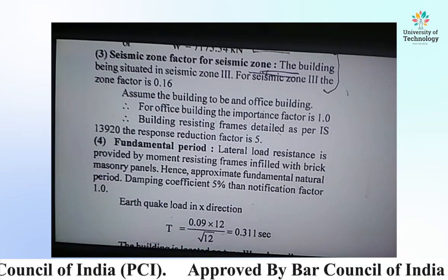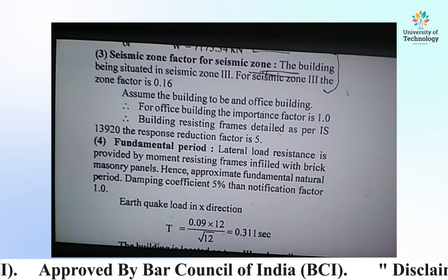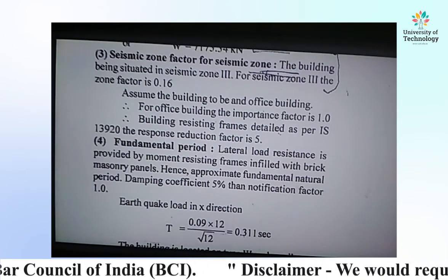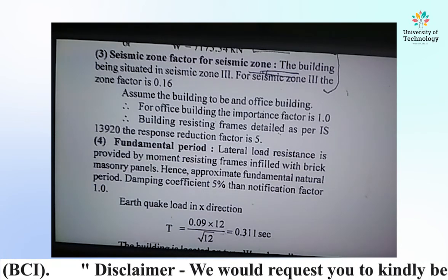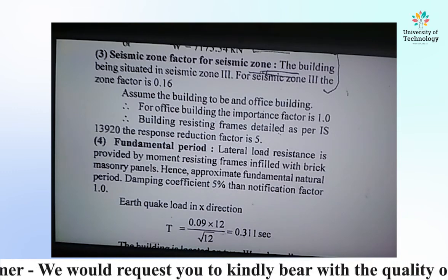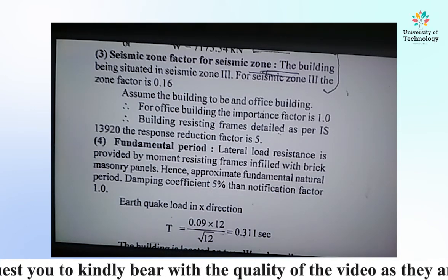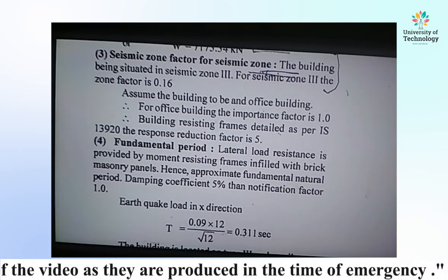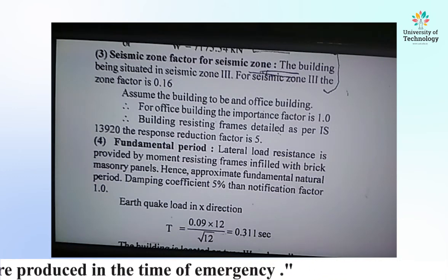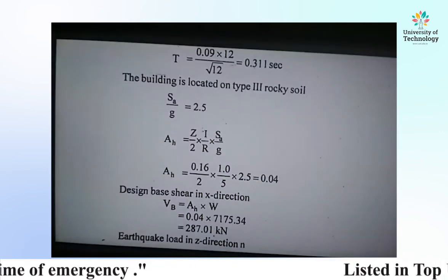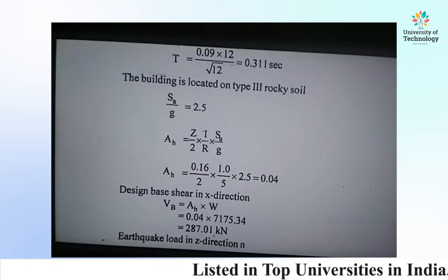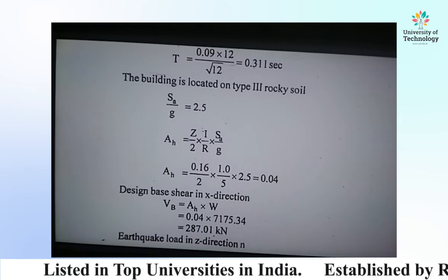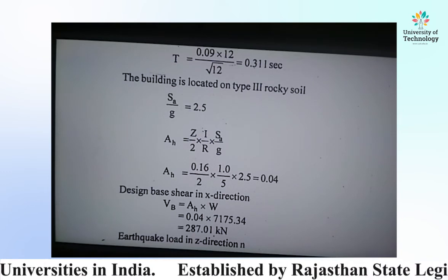What is given in the code. Okay. Earthquake load in the x direction. The natural period of shaking we can easily calculate by applying this formula: capital T equal to 0.09 h upon root d. For root d equal to 12, T equals 0.311 second.